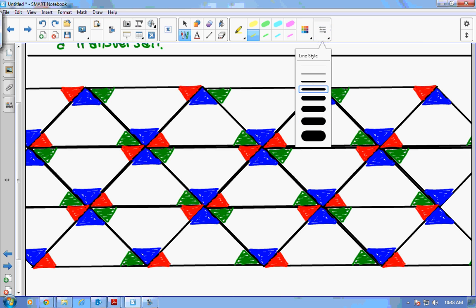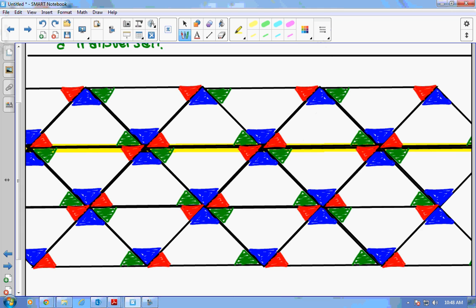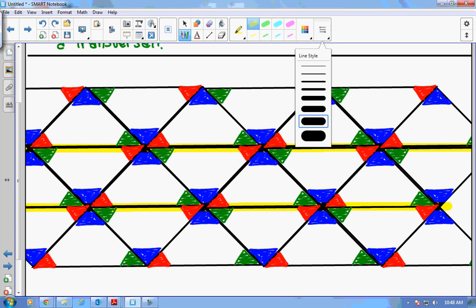The reason we did three rows is because I want the 2 interior parallel lines. The 2 interior parallel lines, I want you to highlight them. If you have a highlighter, go with that. I want these 2 lines to be distinct and have them jump off your paper so you can actually see them.